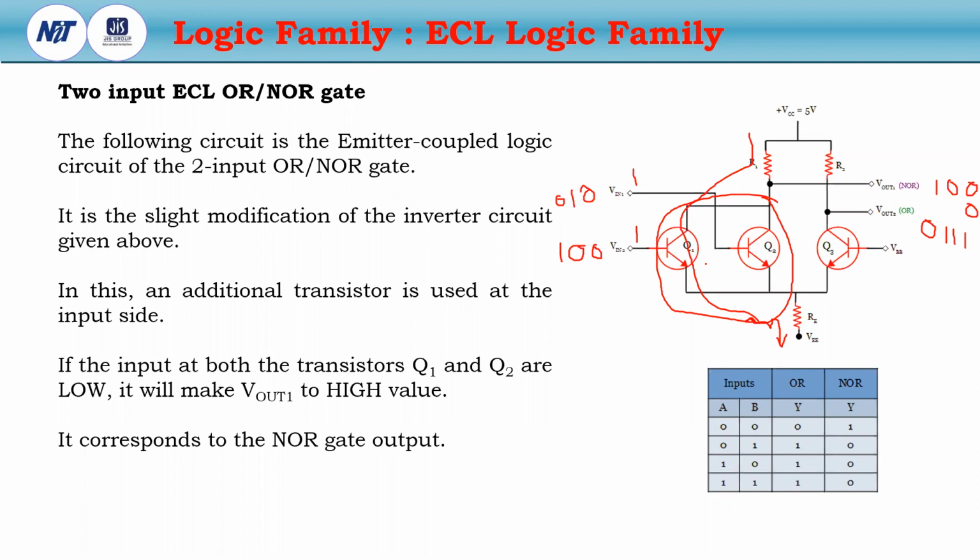When these two are in cutoff, then Q3 will be in saturation due to the emitter coupled logic. For this reason, we will get the two outputs, the inverting output and the non-inverting output. This is very easy. Okay. So then we will get the NOR like this as the V output 1, as well as the OR output that will be 0, 1, 1, 1.